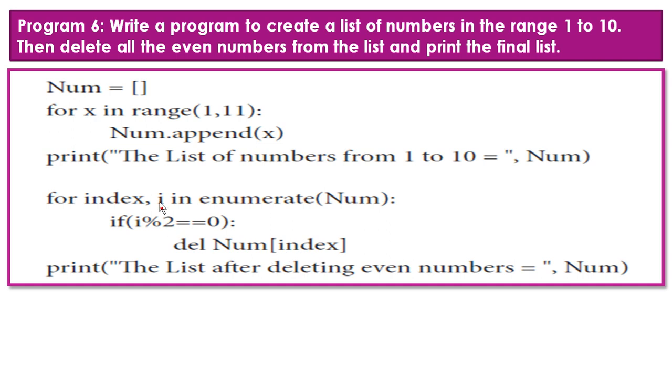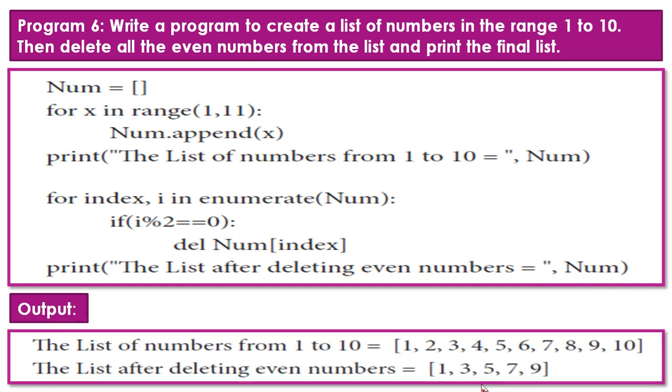For example, when we get the value 2 here, that index is deleted by using the del command. So even numbers are deleted by this section. Finally, we print the same list again. We get the result 1, 3, 5, 7, 9, because the even numbers are deleted from the list.